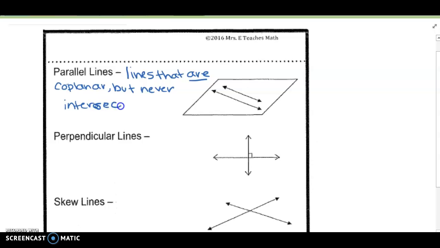Okay, so they're coplanar, but they never intersect. So if we look at these two lines, they lie on this same plane here, but they never ever intersect each other.